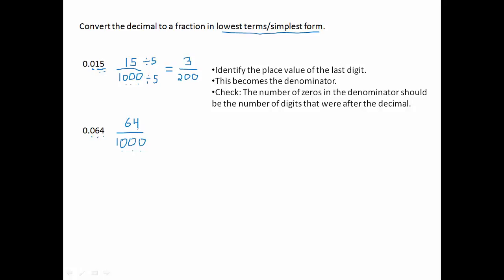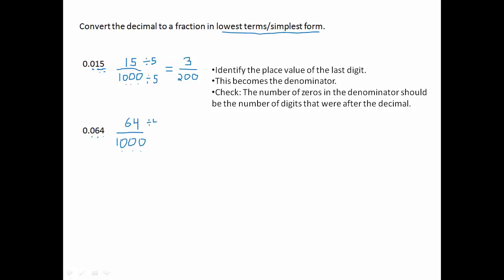And again, this is just really an exercise in reducing fractions to lowest terms. So 64 over 1,000, you can divide those both by 2, probably divide those both by 4. You can actually divide those both by 8, but let's go ahead and try 4 out, see if that works.